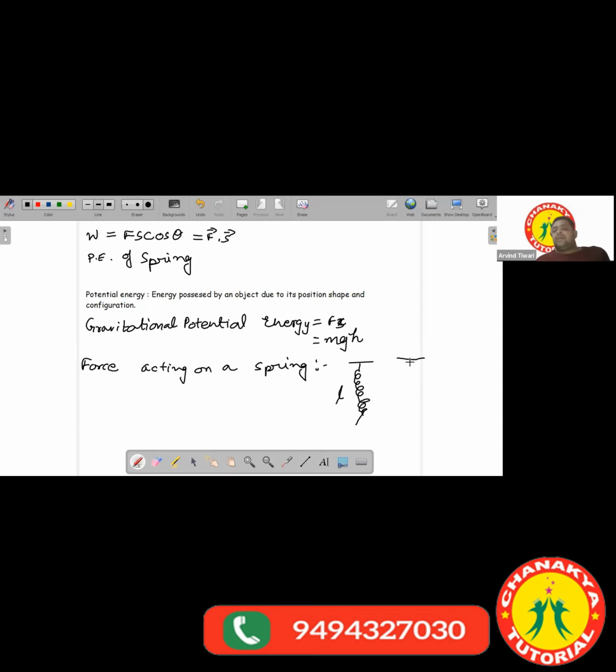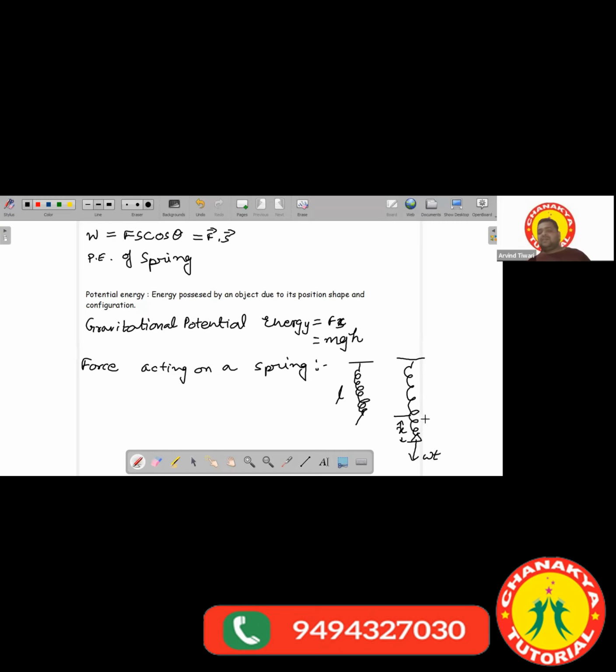Now, if I load this spring with some weight, the spring will extend. I have loaded it, and now the spring has produced some extension. The weight hanging from the spring is pulling it in the downward direction, but the spring itself is trying to regain its original shape.